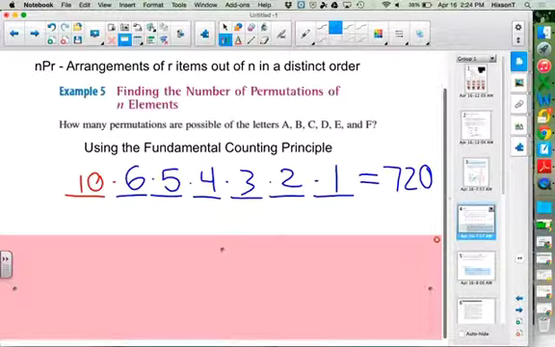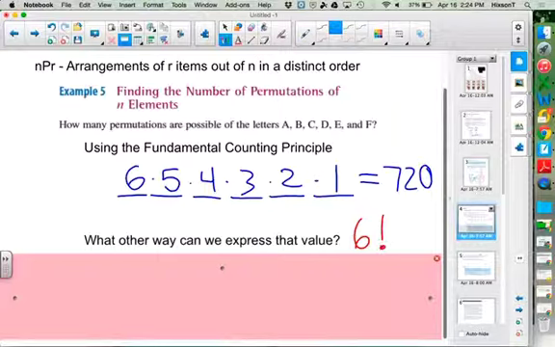What's another way that I could write that? 6, which is 6, what's the exclamation called? Factorial. Yeah, factorial. So 6 factorial. We're going to be dealing with factorials again. We're going to have them a lot.